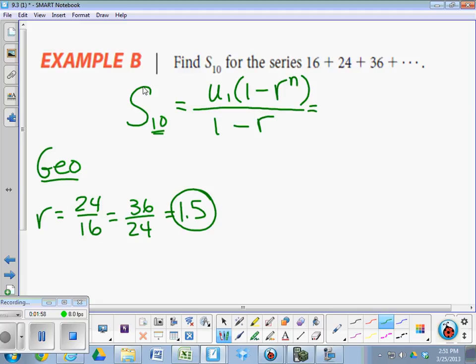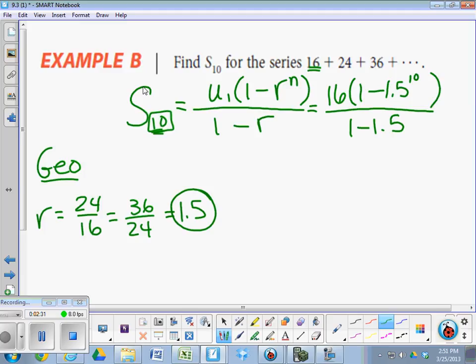This is why many students find this easier than arithmetic, because you don't need to figure out what the last term is. You need the first term. Do we have it? 16. 1 minus, what's r? We just found it. To the 10th. It's all over 1 minus 1.5.